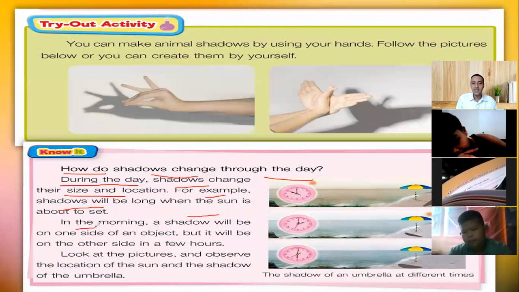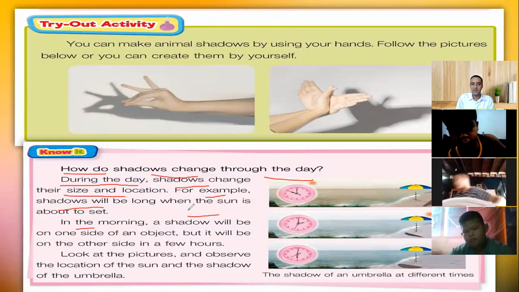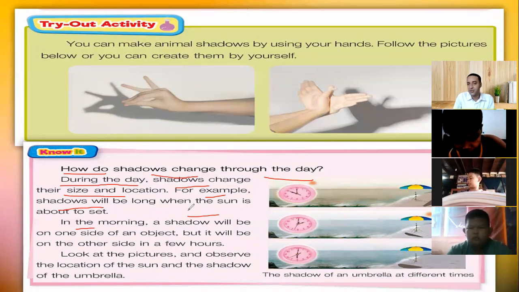In the morning, a shadow will be on one side of an object, but it will be on the other side in a few hours. For example, in the morning, at sunrise, when the light hits any kind of object, the shadow will be on one side.